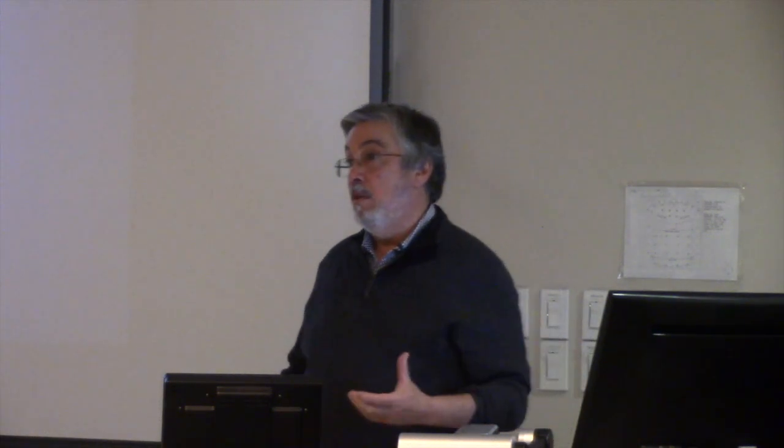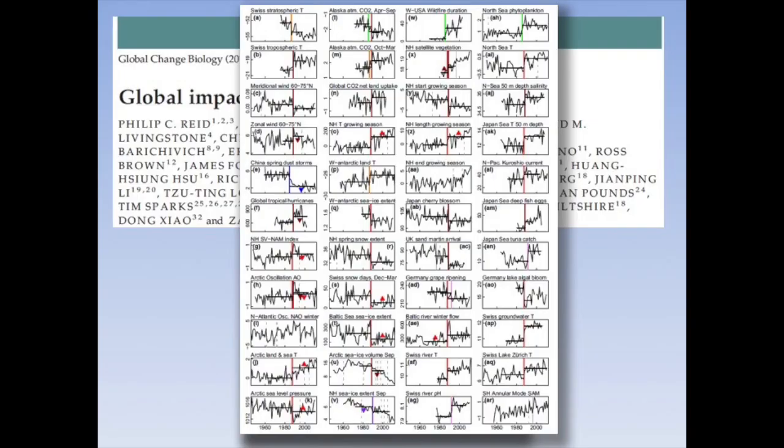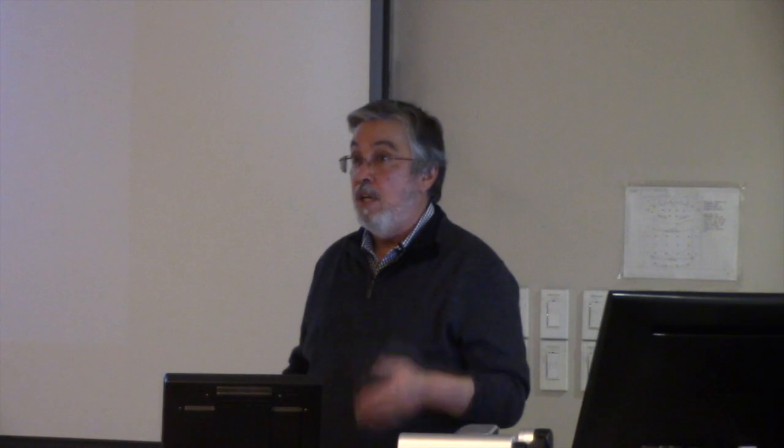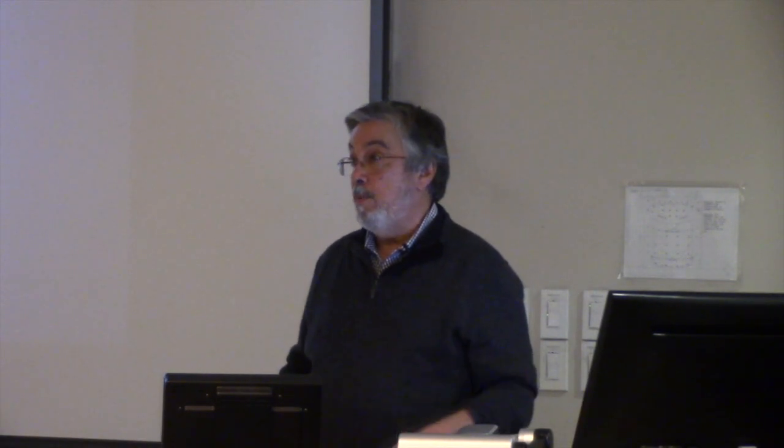It's actually part of a global pattern. A paper came out in 2016 about this post mid-1980s impact, and it doesn't matter how you stack up time series from the Arctic to the Antarctic, you see this step change that is primarily linked to springtime temperatures.